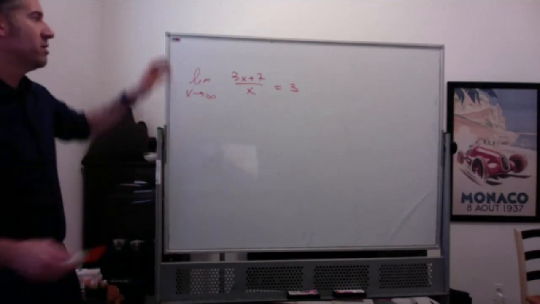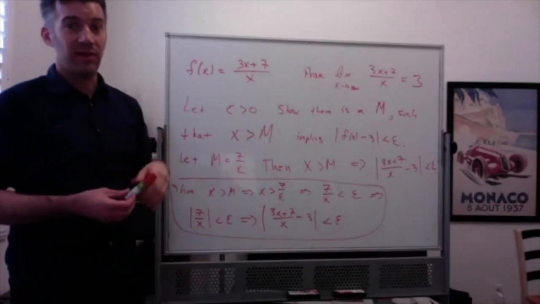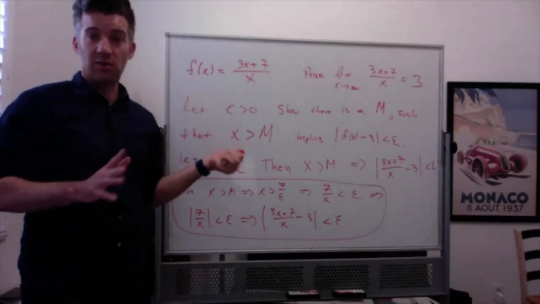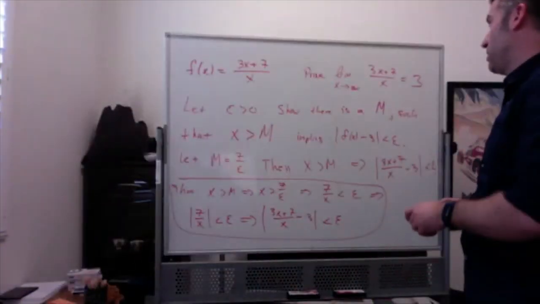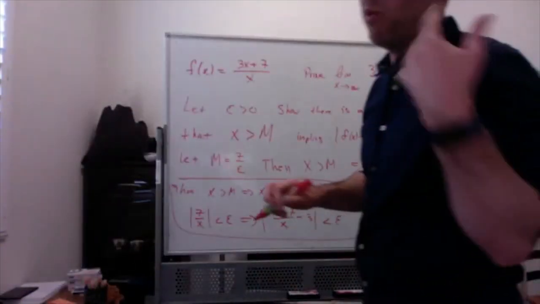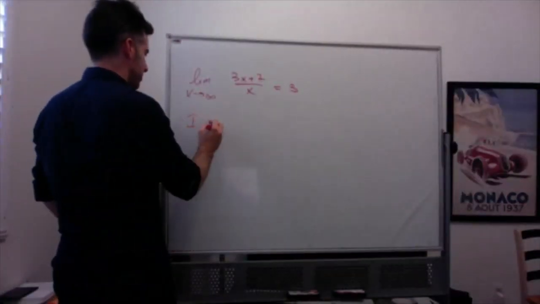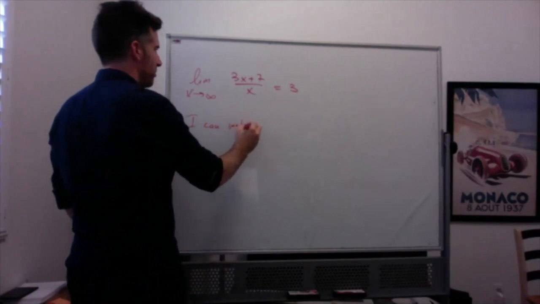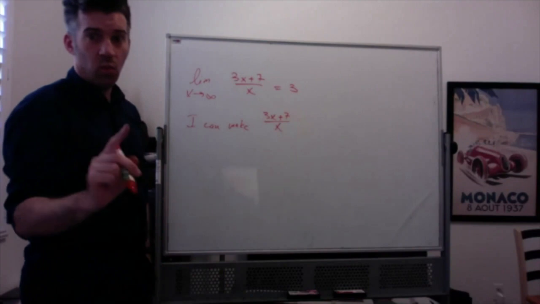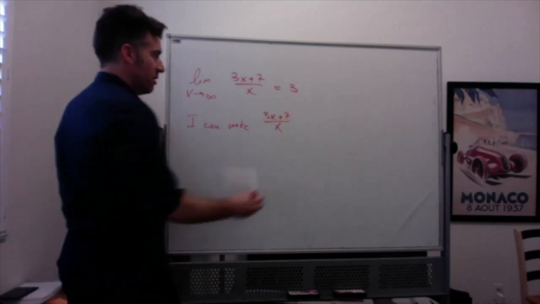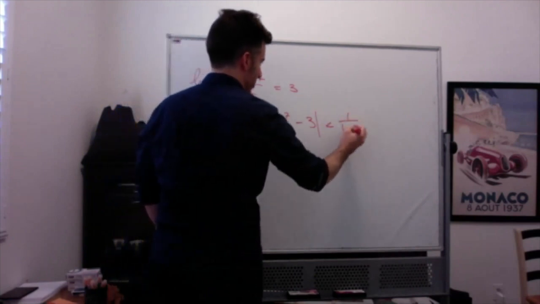So here's maybe a better way to explain what I'm saying. I just want to point out that I can make this function as close to 3 as I want. And I'm going to pick some ridiculously small number. I'm going to pick, maybe not that ridiculously small, 1/1000th. So I can make 3x plus 7 over x within 1/1000th of 3, meaning I can make their difference less than 1/1000th.